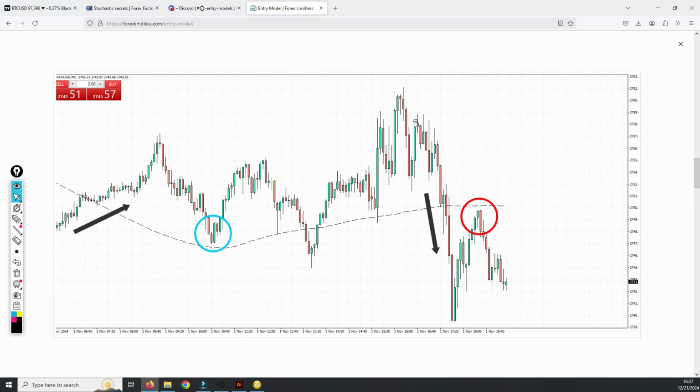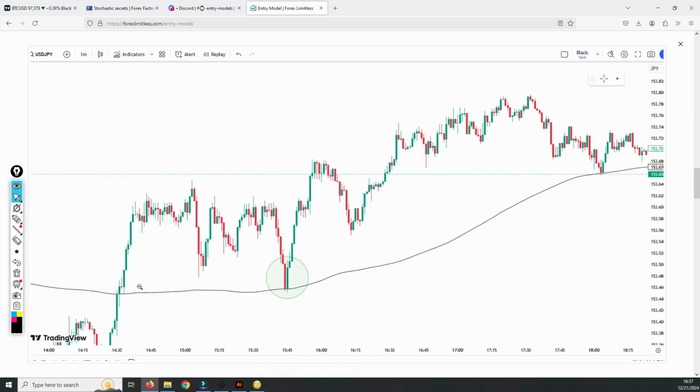This is the opposite example, the price breaks moving average 200 in bearish direction, retests it, creates a pattern, and we are going short. And we have plenty of examples. Again, the price breaks moving average 200, closes above, retests it, creates a pattern, and then I have confidence to enter a buy trade. As you can see, I didn't even see this before. The price is above, retests it, creates a pattern, so we can go long here.